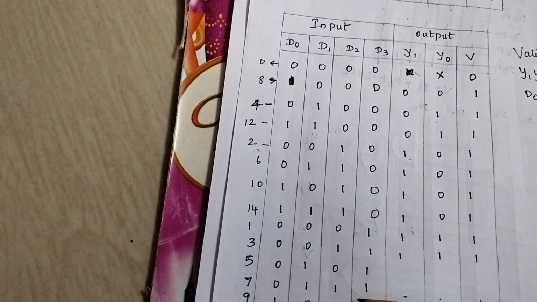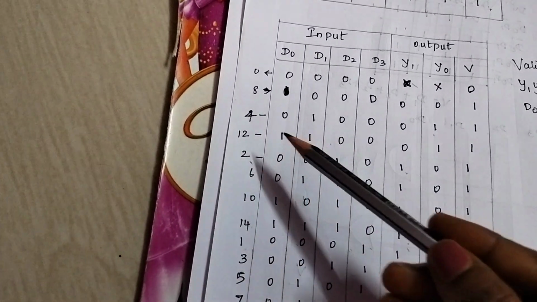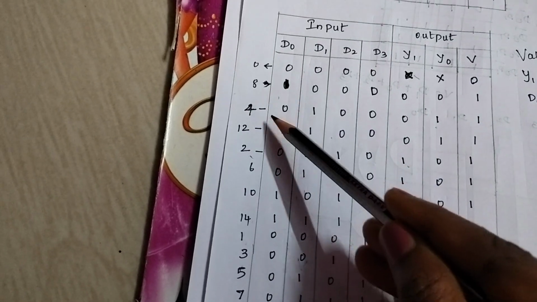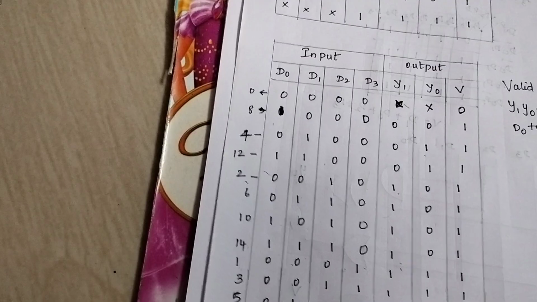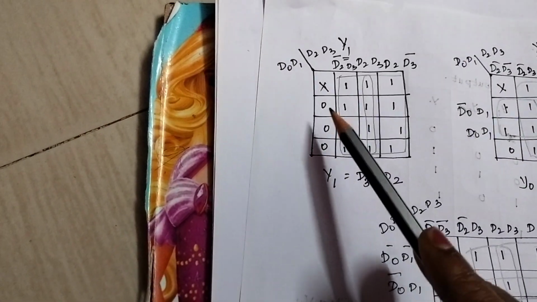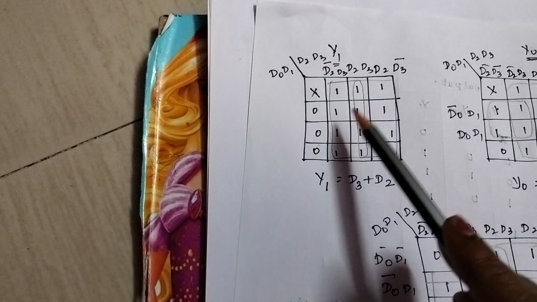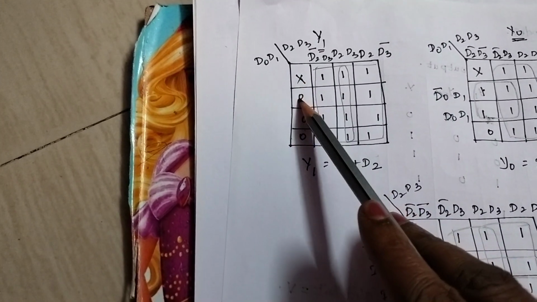For all these values, your output is going to be 1, except 8, 4 and 12. This is for Y1. The remaining are all 1 and 0 is a don't care condition.